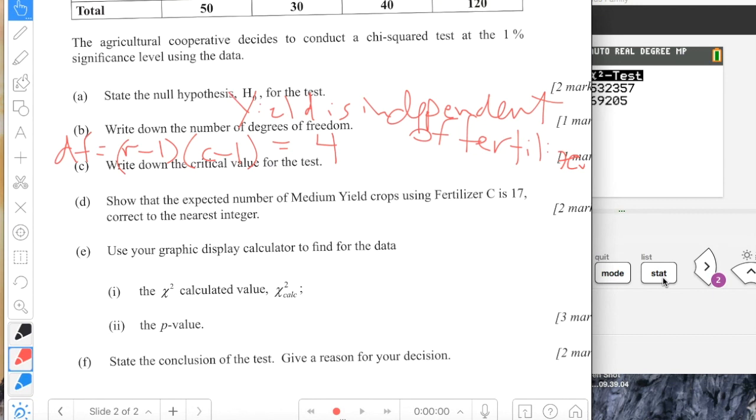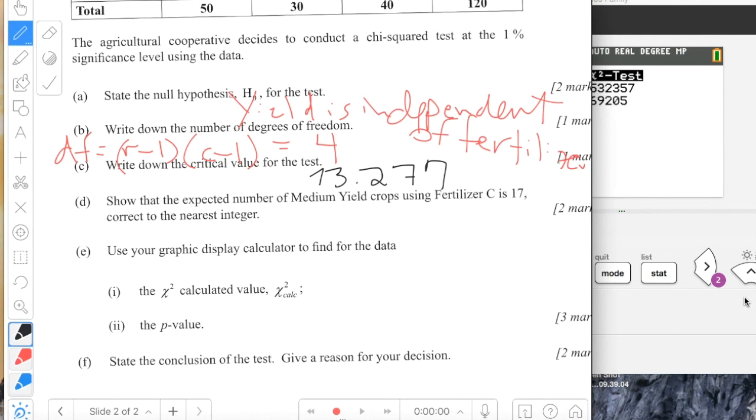This was, I think, a 1% confidence level, which means there's only a 1% chance that this variation in data was due to randomness. And the degrees of freedom was 4, so we simply looked that up. And we got a critical value that's given on the exam of 13.277. Okay, so that should have been given there on that question, but this is an older exam.